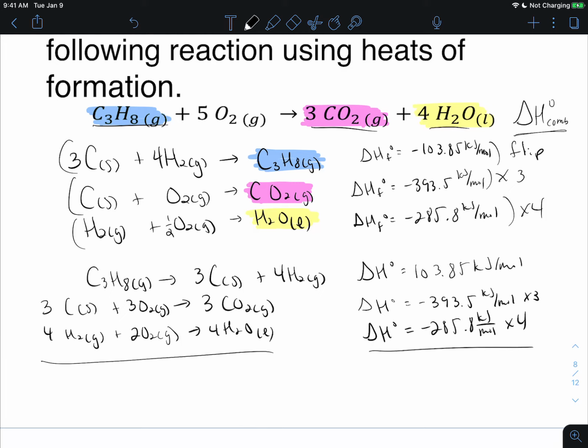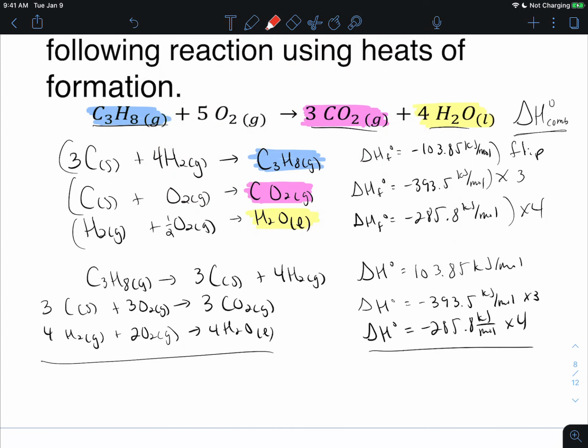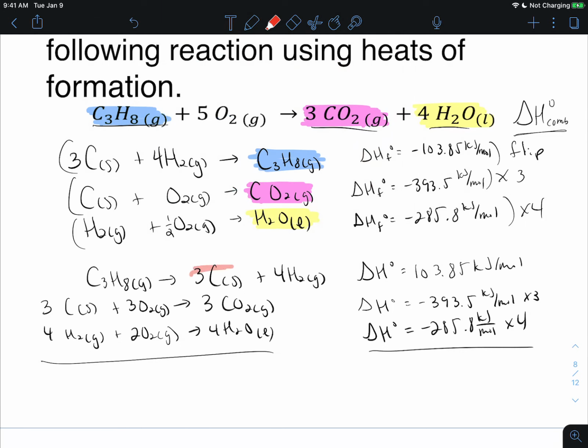And let's see how this works out. So again, we're going to cancel out anything that's the same on both sides. There are 3 carbon solids here, 3 carbon solids here. They will cancel out.